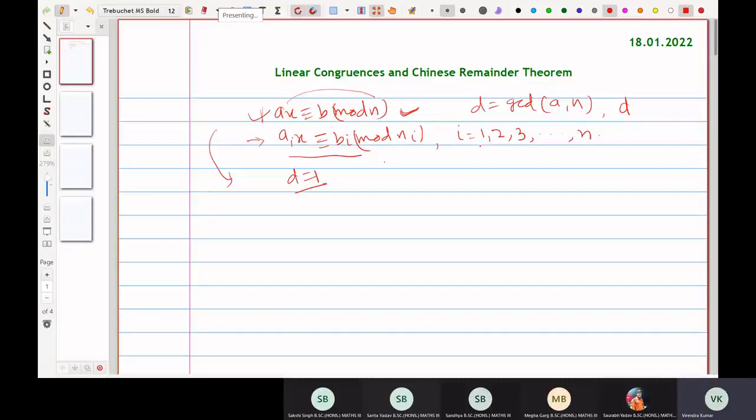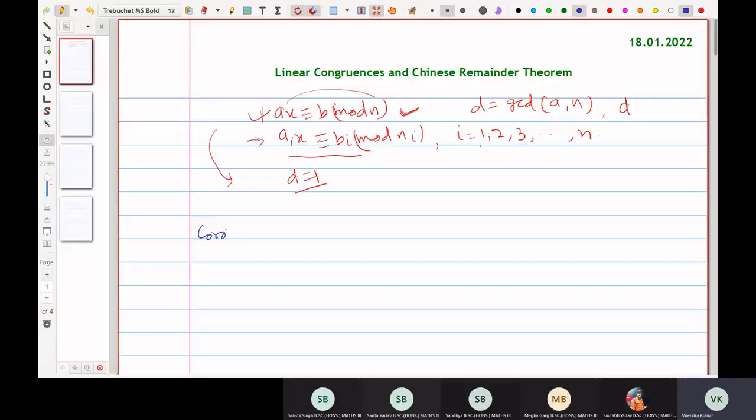So let us take a corollary to the result we discussed yesterday, and then we can move towards one or two examples. I think one example we did yesterday. We can have some corollaries, and then we can take up the Chinese remainder theorem.